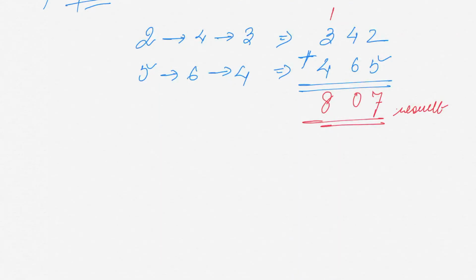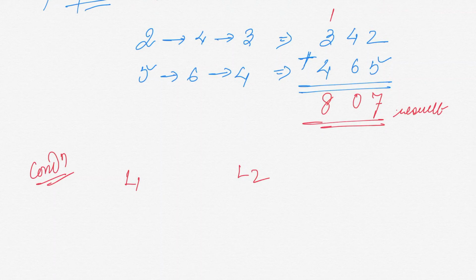Let's discuss some boundary conditions. Specific to this scenario, the length of L1 is 3 and the length of L2 is 3.